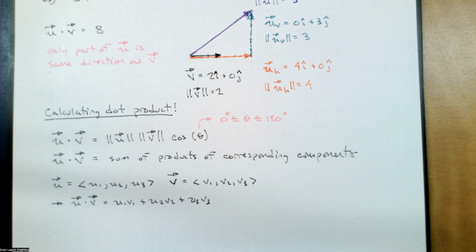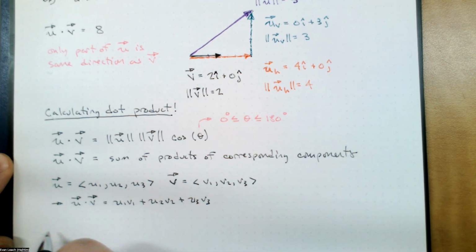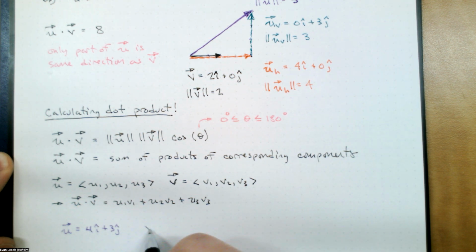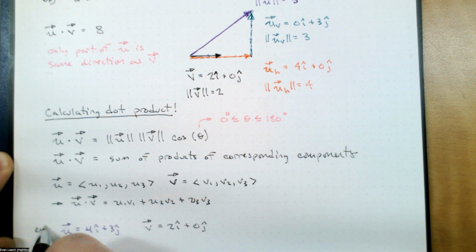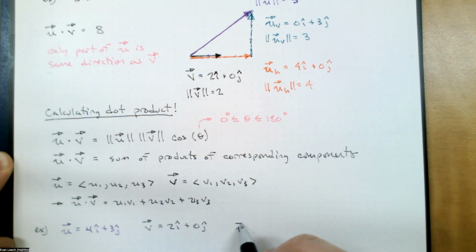So in our previous example where U was 4i plus 3j, and V was 2i plus 0j, we get U dot V is 4 times 2 plus 3 times 0.